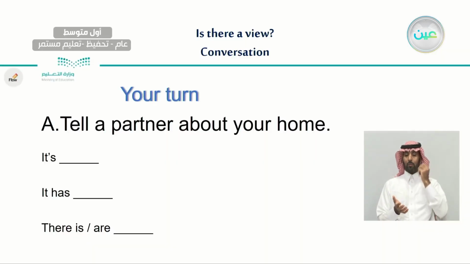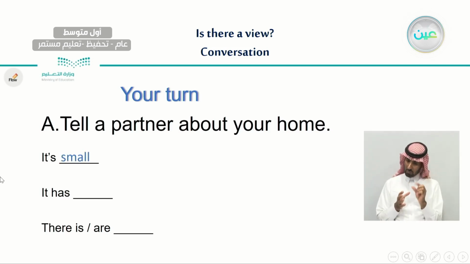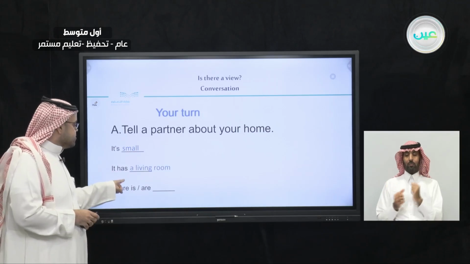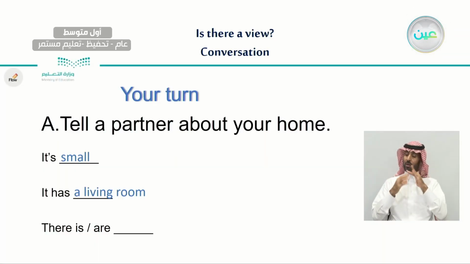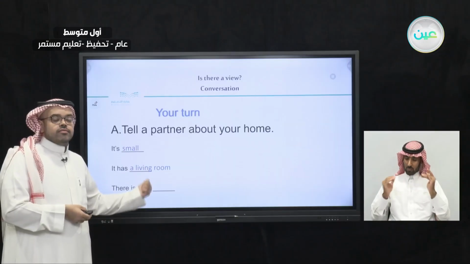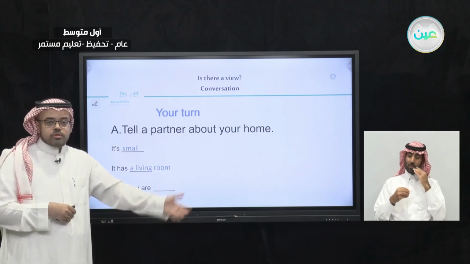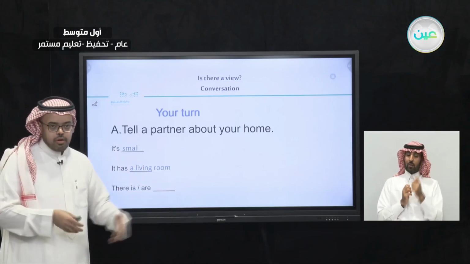I would say it is a small home, not big, and it has a living room. My home has a living room, and also it has 2 bedrooms, and a kitchen.